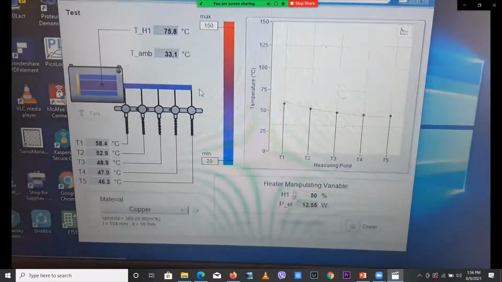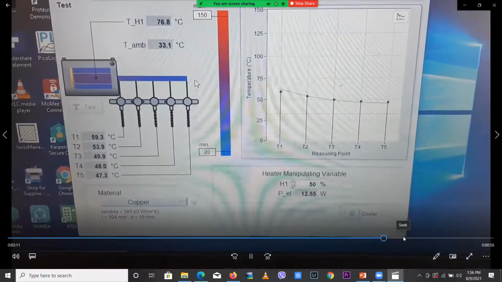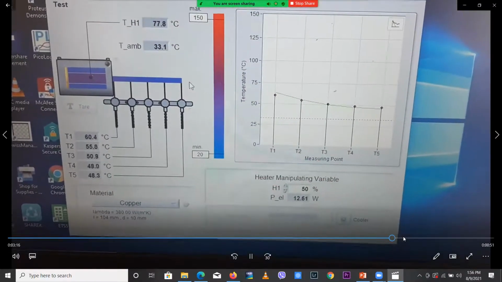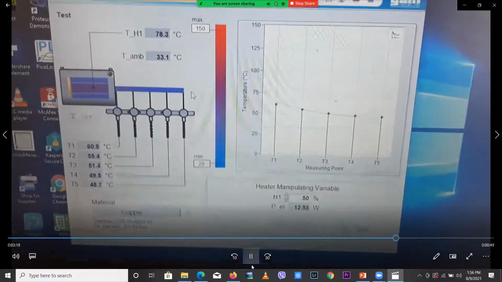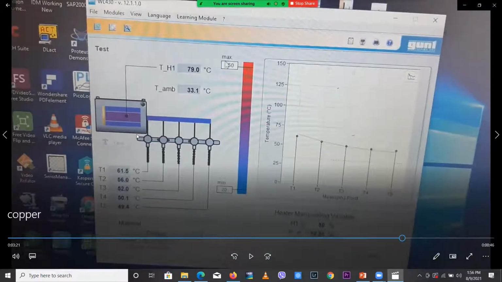So we have to wait and let it reach steady state, and after steady state we will measure. If we have a lot of time and want more accurate results, it will increase the temperature up to 150.